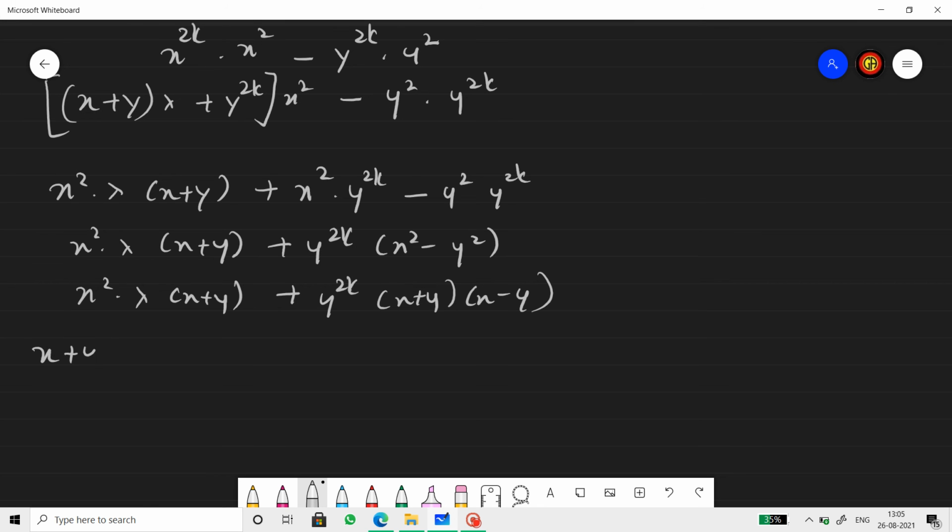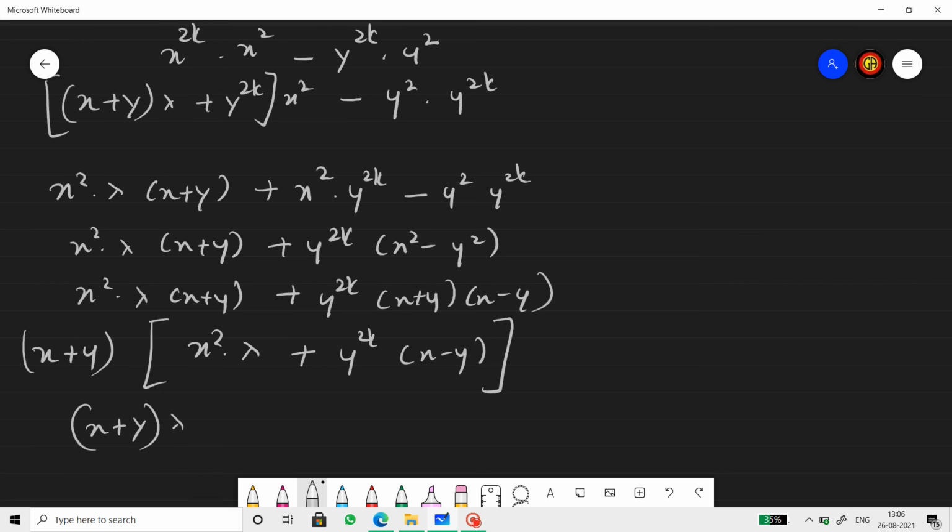I can take x plus y common out. Remaining is x square into lambda plus y power 2k into x minus y. And there is no remainder. So we assume this as lambda 2 or any other constant. So x plus y into lambda 2. Therefore, P of k plus 1 is also divisible by x plus y.